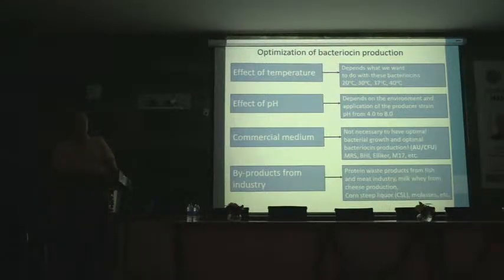We have a project at the moment in Brazil using the waste from orange juice production. I'm not sure how many thousand tons, metric tons, of waste you have every year from the production of orange juice. And these materials can be used for several biotechnological applications.